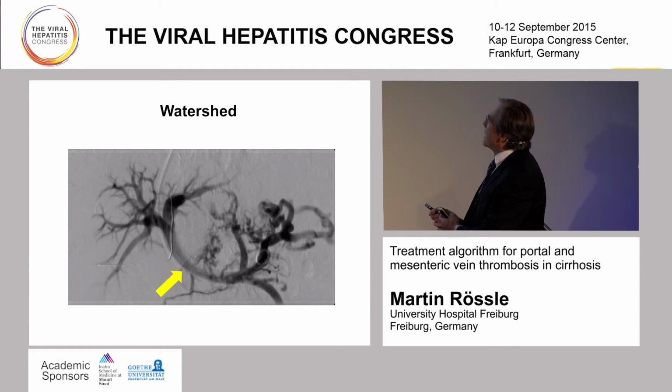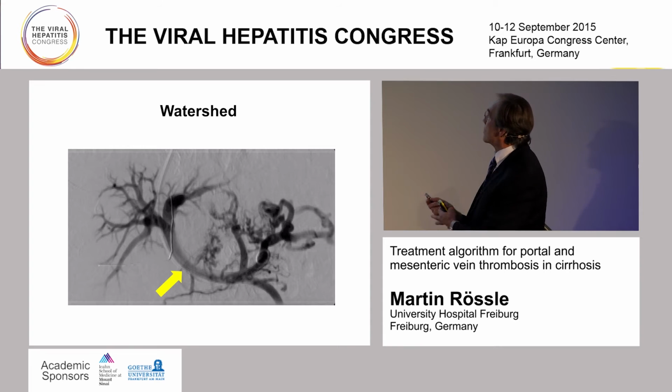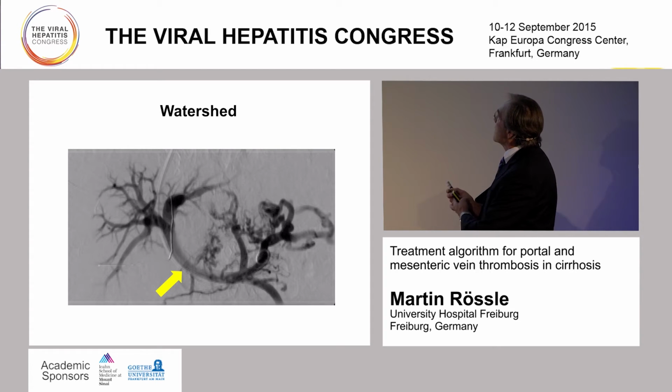And another part is going in this direction, retrograde into the splenic vein and the inferior mesenteric vein. That is completely wrong. That should empty in this direction, not in the wrong direction. And they fill varices and so on.